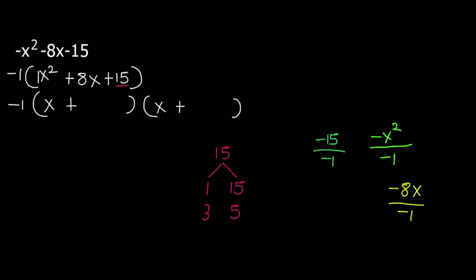And then from here we look for two numbers that when you multiply them give the constant, and when you add them give the middle term. I think it is 3 and 5. And then from here you write 5, and then you write 3, and then this is our answer. This negative 1 we leave there nicely, so this is our answer.